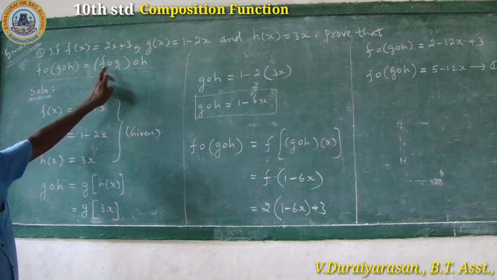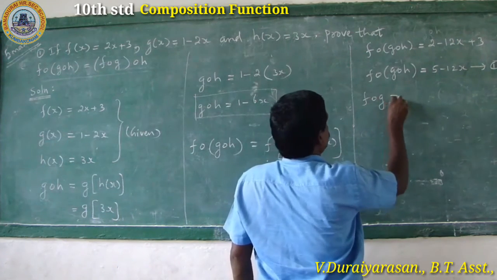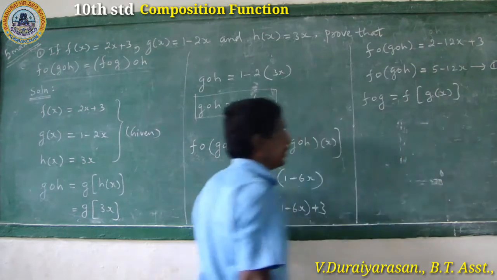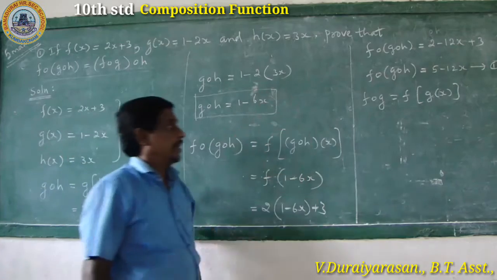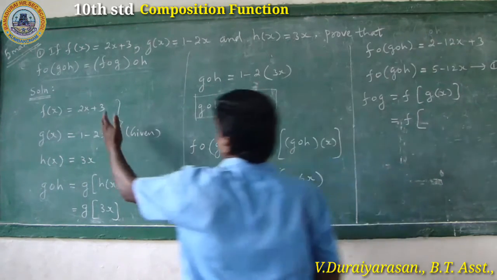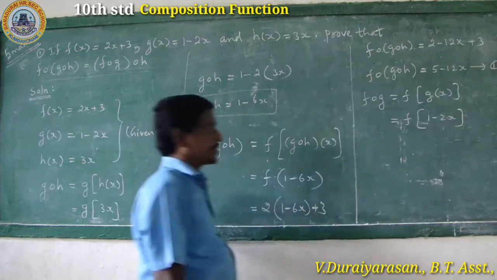First to find f composite g. The other form of f composite g is denoted by f of g of x, equal to f of, what is the value of g of x? g of x is equal to 1 minus 2x.